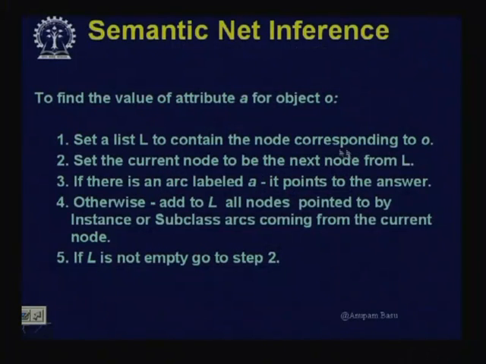Therefore, in this case, we are setting a list L to contain the node corresponding to O. So, we are setting a linked list sort of, containing the node corresponding to the object O, and we are setting the current node to be the next node from L, because we have to traverse that overall link.